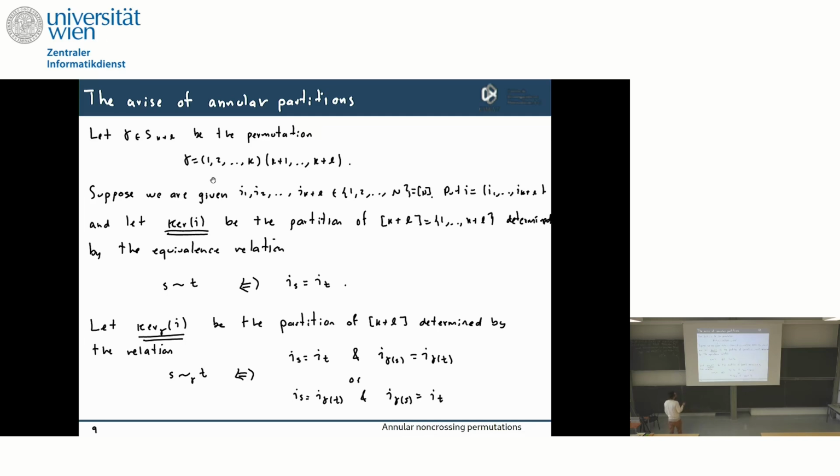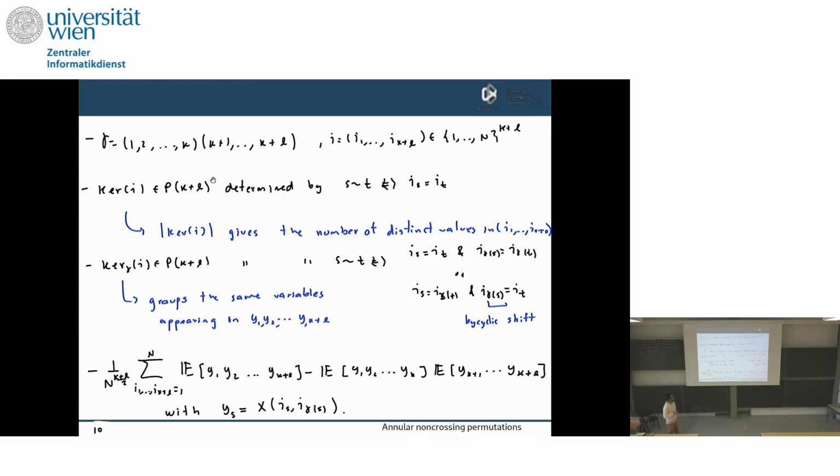Now, I'm also going to define another partition, which I'll call the kernel of i composed with gamma. And it's also a partition of k plus l elements. And the condition now is that s and t are related if either of these two conditions is satisfied: either i_s equals i_t and i_{gamma(s)} equals i_{gamma(t)}, or i_s equals i_{gamma(t)} and i_{gamma(s)} equals i_t.